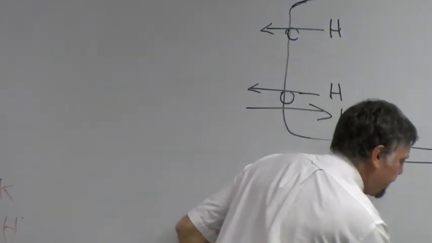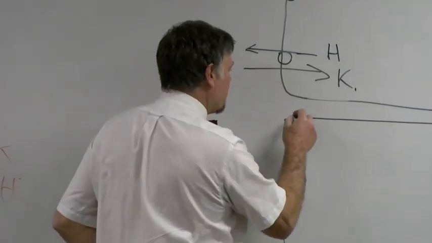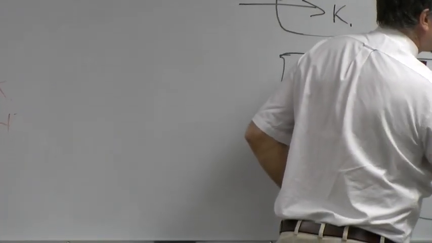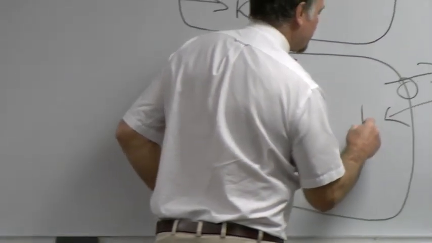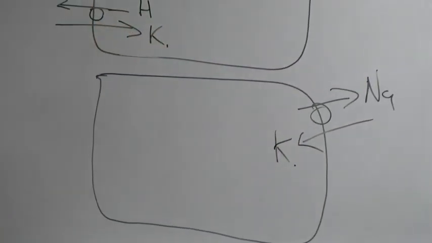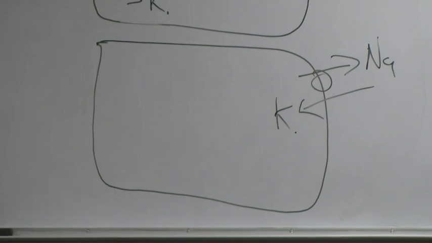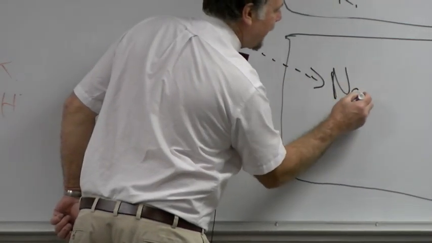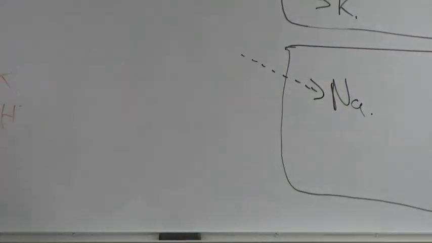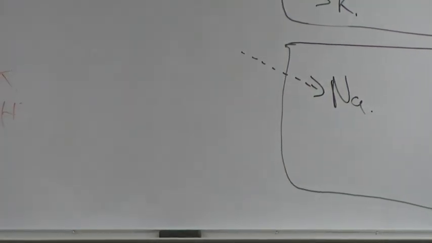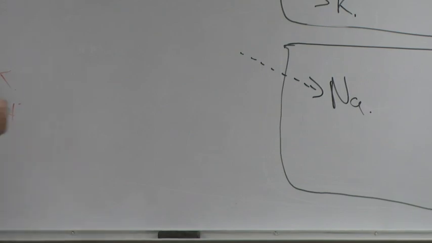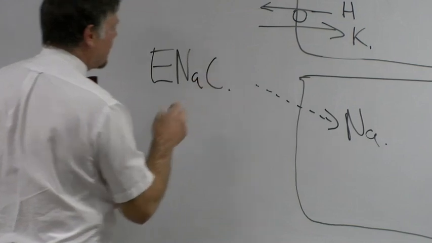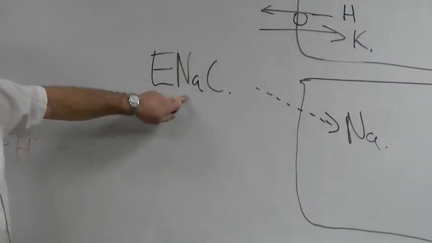Let's now put the principal cell in. And we have 2 mechanisms here. One is passive sodium transport, and this is through a channel, and the channel is called ENaC, epithelial sodium channel.